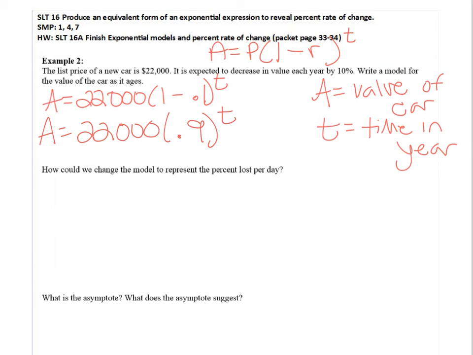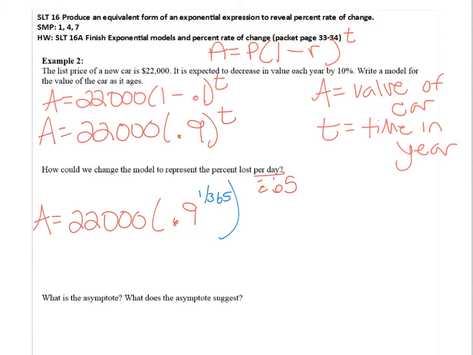So how can we change it to per day? How many days in a year? It's 365. So we're going to take our equation and make the exponent on the 0.9 1 over 365, and then make the exponent 365t.